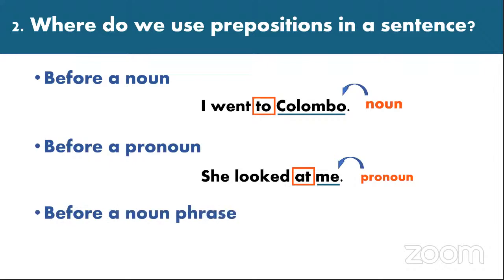Another thing is before a noun phrase. We'll see what a noun phrase is here. He jumped over the fence.